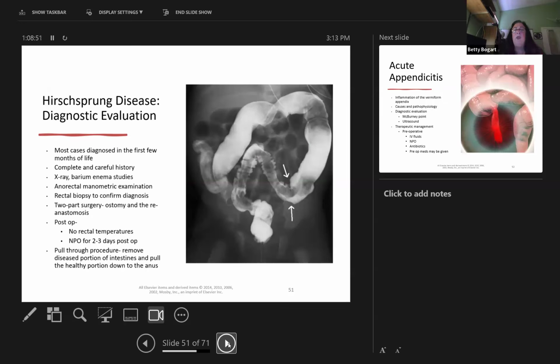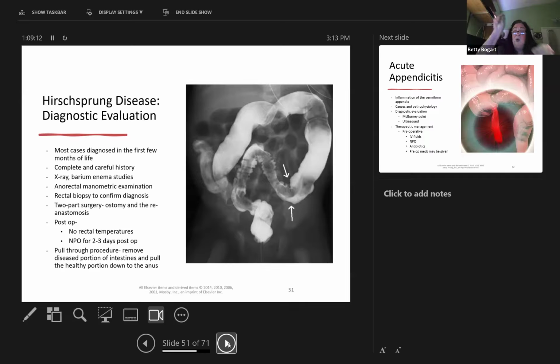So how do we correct Hirschsprung's? You've got dead, unusable, well, not dead, it's alive, but it doesn't move. There's no nerves in the intestines, so it's non-functional. That piece of intestines has to be removed. Sometimes we have to put the end up and make a colostomy.